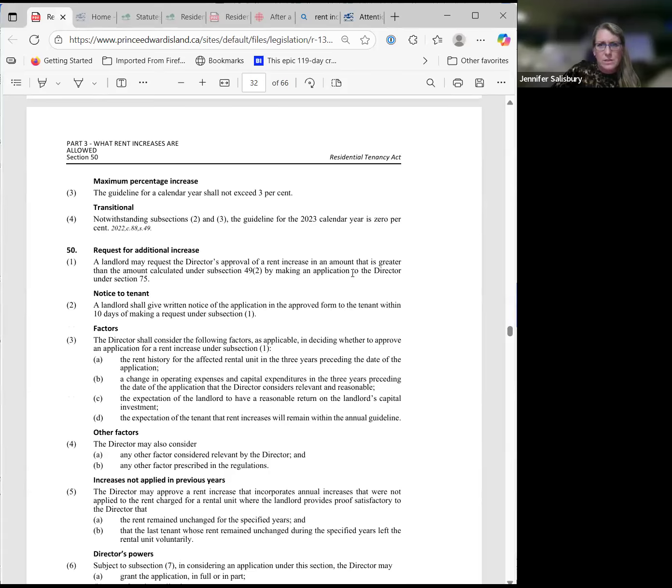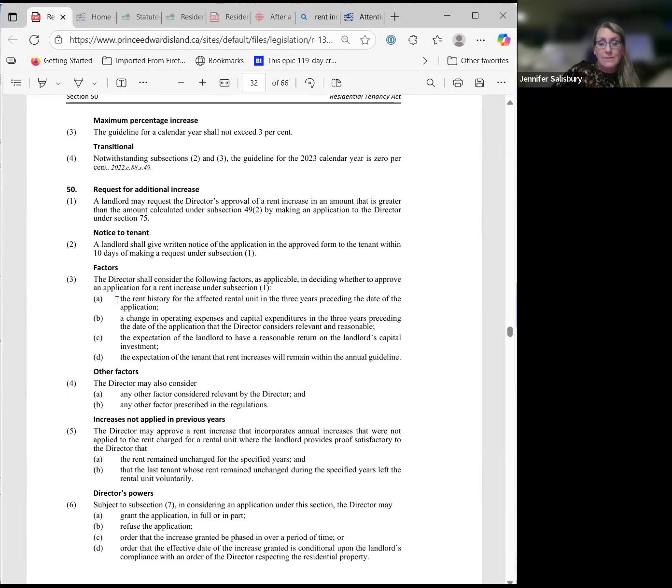Landlord shall give written notice for the approved tenant making a request for an additional increase. So landlords can go for an additional increase. And it looks like there are some factors on how they can do it. Basically, rent history, change in operation and capital expenditures, expectation of the landlord to have a reasonable return on the capital investment.